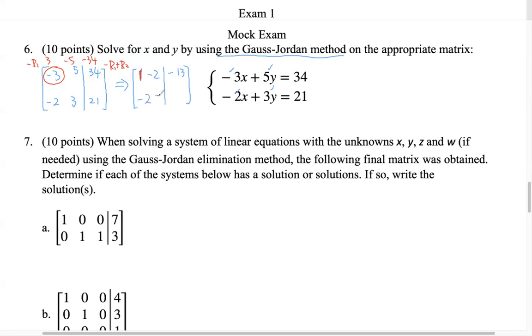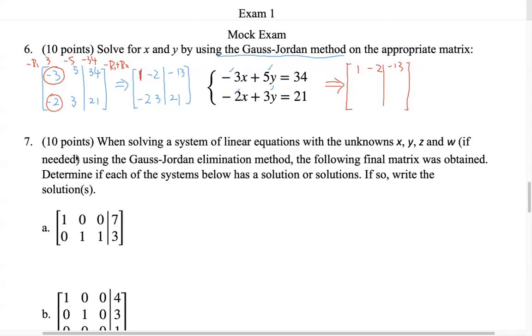So I got negative 2, 3, 21. Now my next goal is to change this one to be 0. Change that one to be 0. Let's write here. I don't have space, so allow me to write here. So the first row, I have negative 1, negative 2, negative 13.